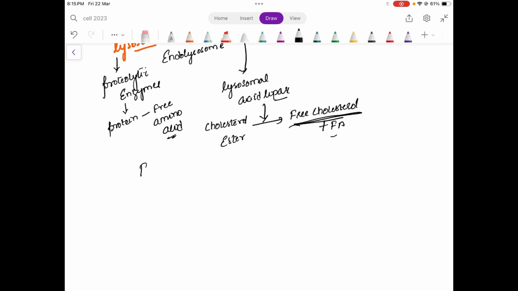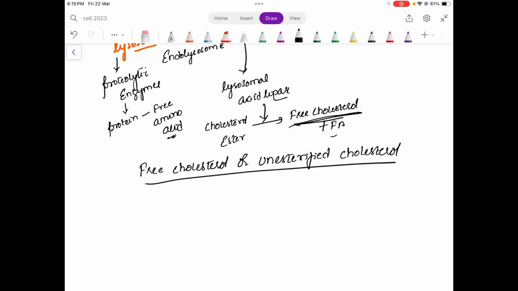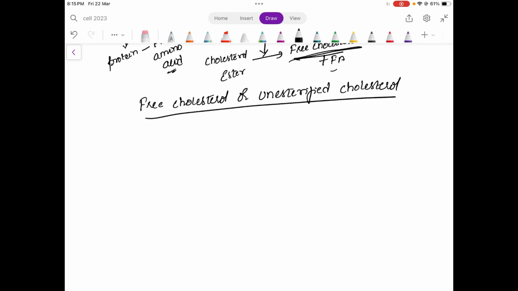Now we will see what is the fate of this free cholesterol, or unesterified cholesterol. It can move to the membrane, and whenever this cholesterol moves to the membrane, it helps in maintenance of the fluidity of cell membrane.